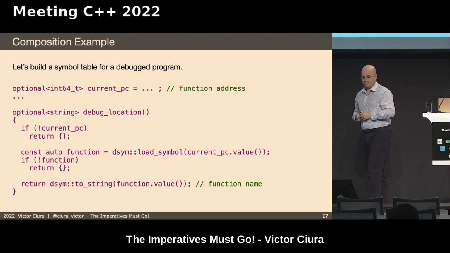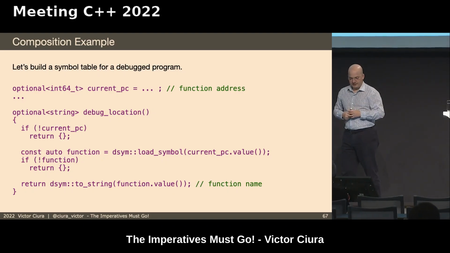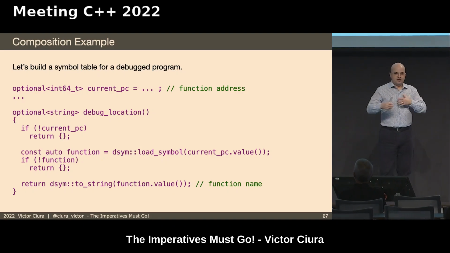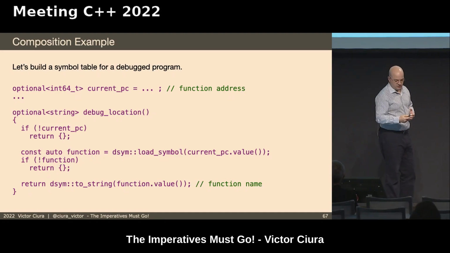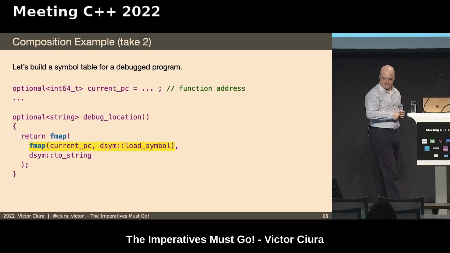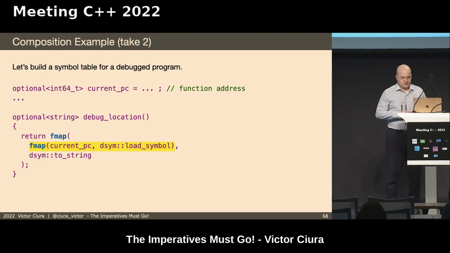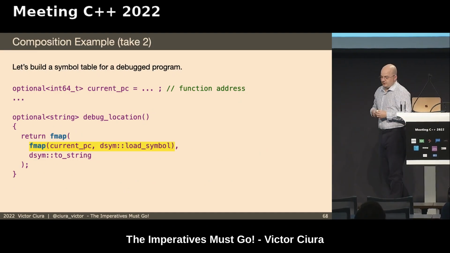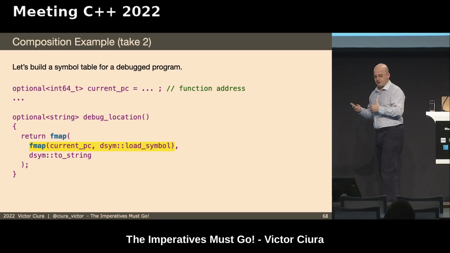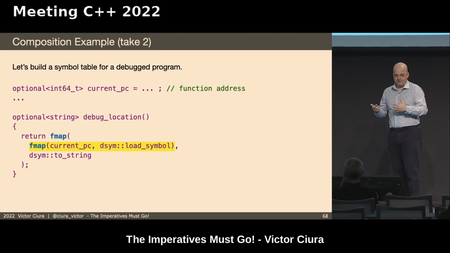What do we do? We return an empty optional. And then if everything went OK, we're trying to display the string. So reorganizing our thoughts here, we're trying to, again, compose by lifting those functions and doing fmap.